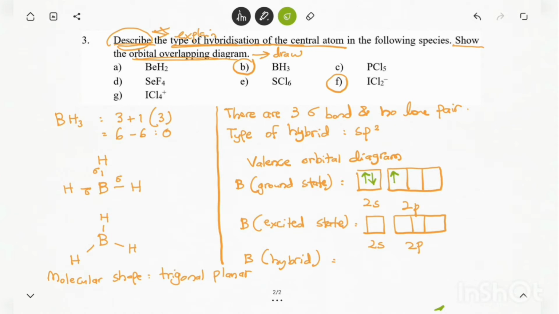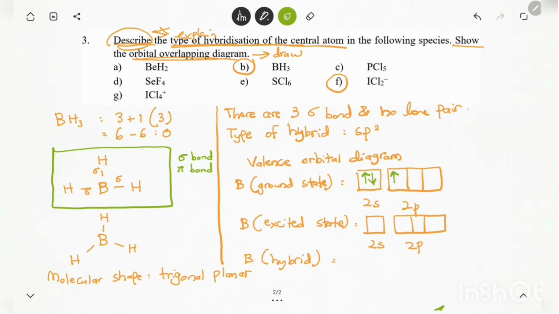For the excited state, we look at the Lewis structure. Check how many sigma bonds and pi bonds are involved around the central atom.